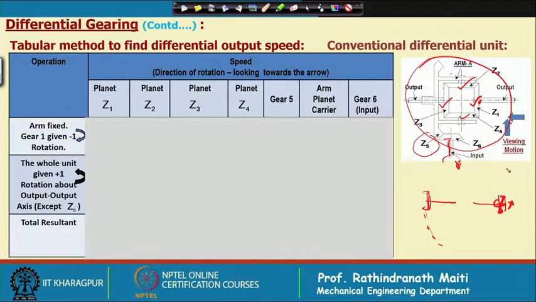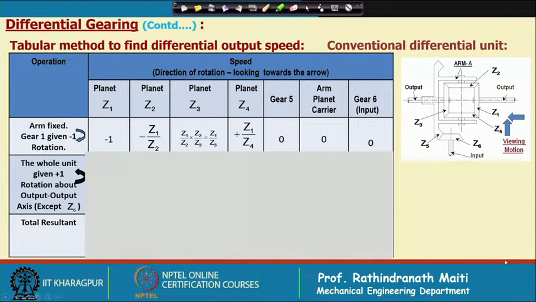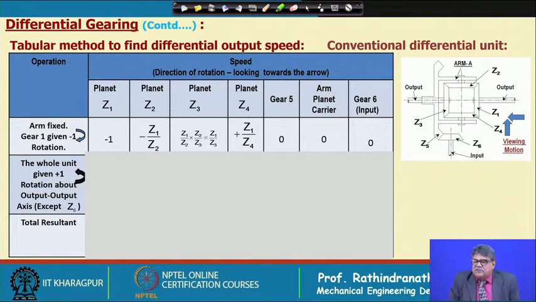Now, we have to find out what the transmission ratio will be if this is fixed. Obviously, when the steering is straight, this is simply rotating at the same speed. Now, we will verify this. Let us find the transmission ratio when one is fixed.